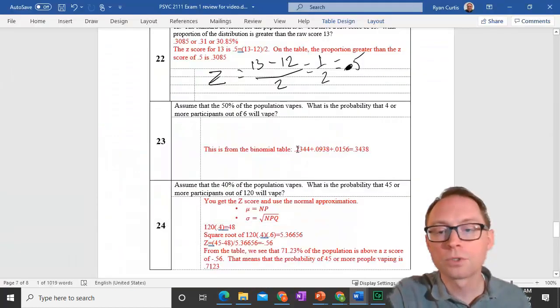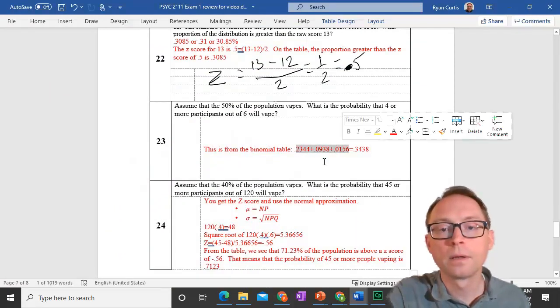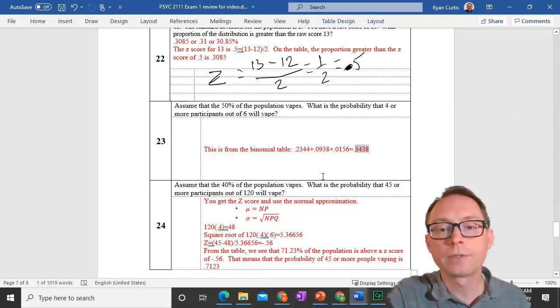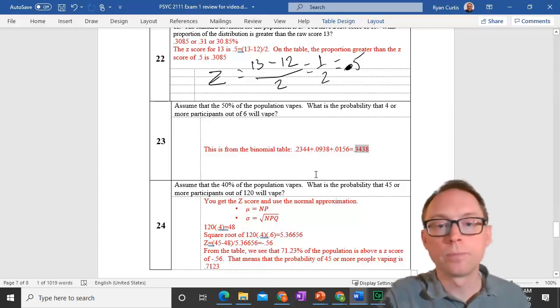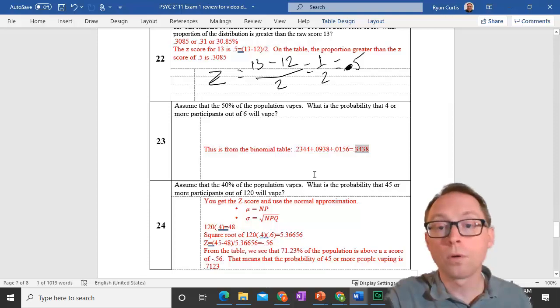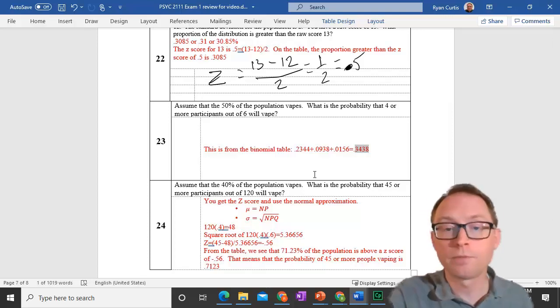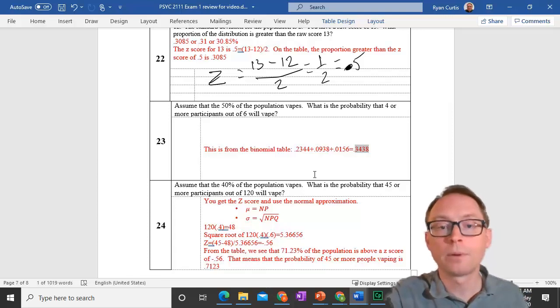So when we add up those 3 scores, remember that's what we got off the table, that adds up to 0.3438. So the probability that 4, 5, or 6 people will vape if you have a total of 6 people, and assuming that 50% of the population vapes, is 0.3438, which is 34.38%.